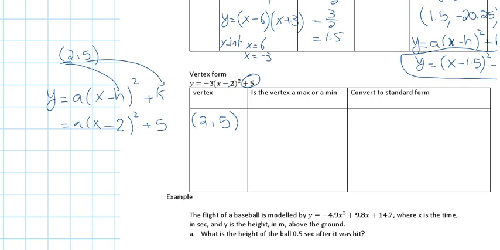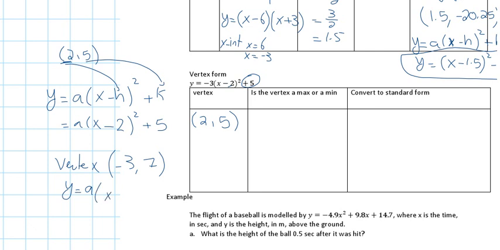Now, let's say, for example, my vertex is, give me a vertex with a negative x value. Negative 3 and whatever, 7. I say this is my vertex. If I'm going to plug in this negative 3 here, so that's going to be y equals a, x, negative and negative makes it what?